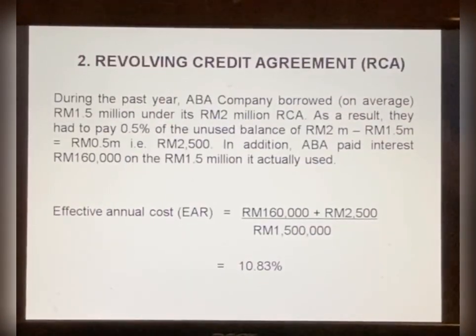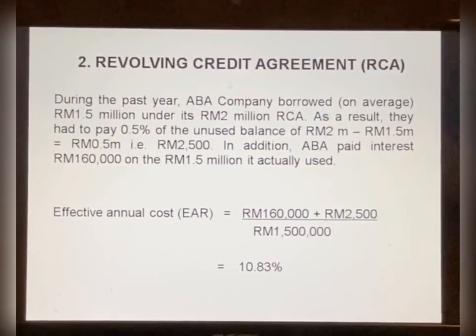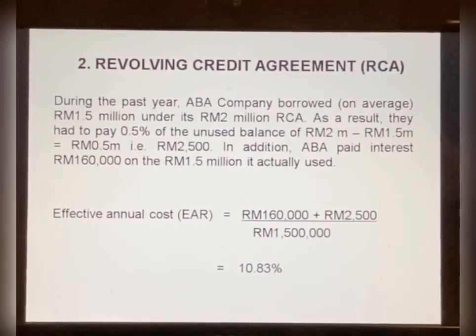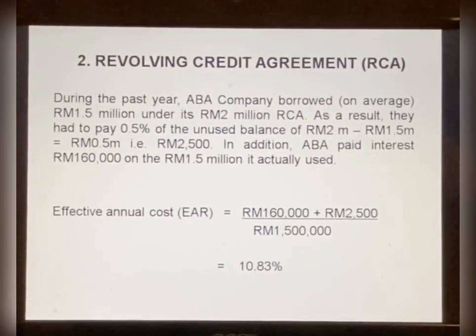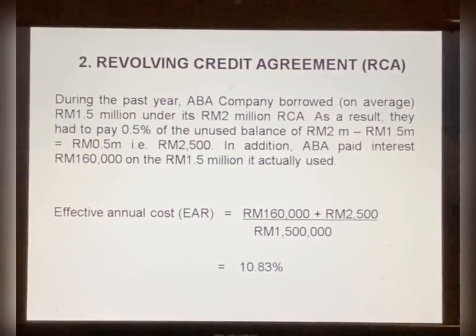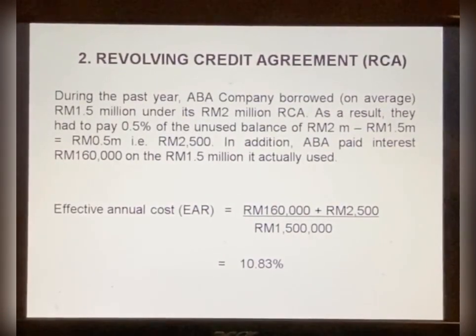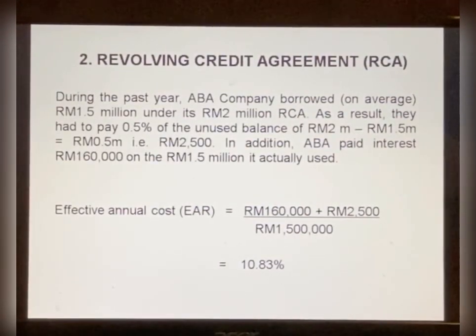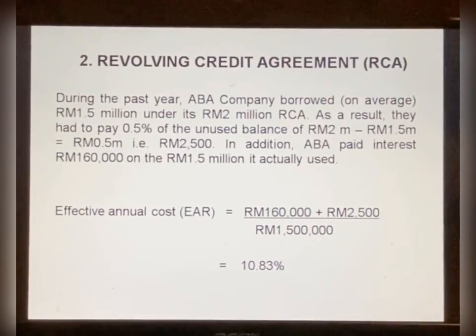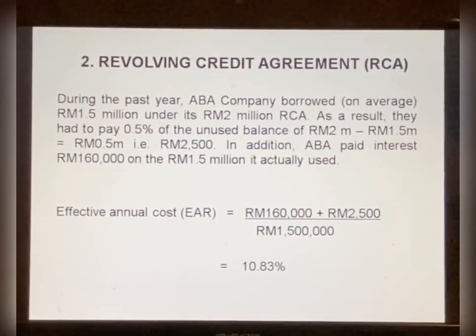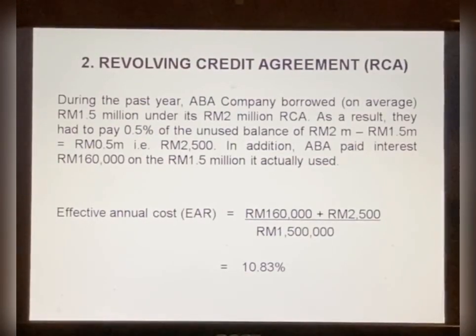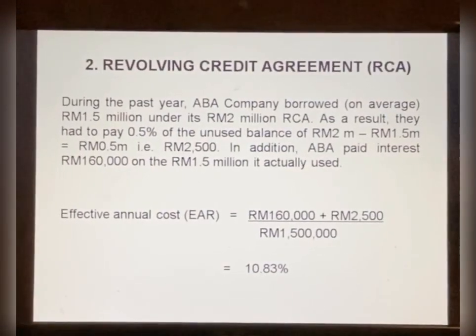So this is an example of the revolving credit agreement. During the past year, ABA company borrowed on average 1.5 million under its 2 million revolving credit agreement. As a result, they had to pay 0.5% of the unused balance of 0.5 million.